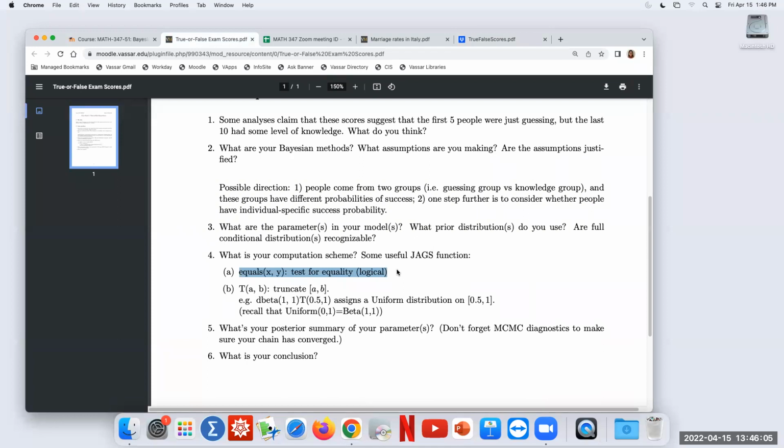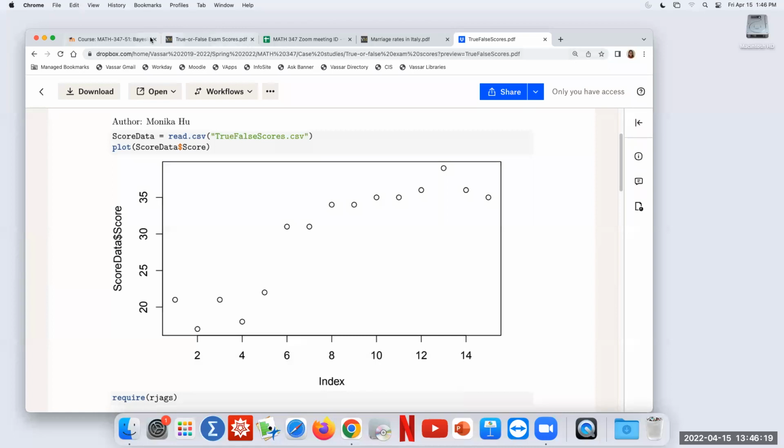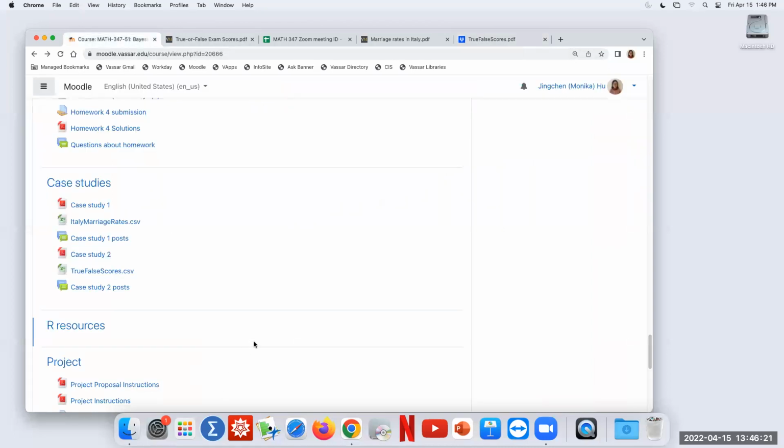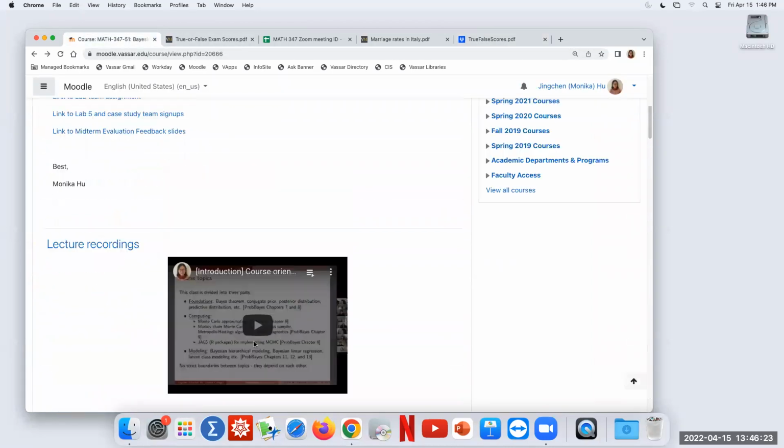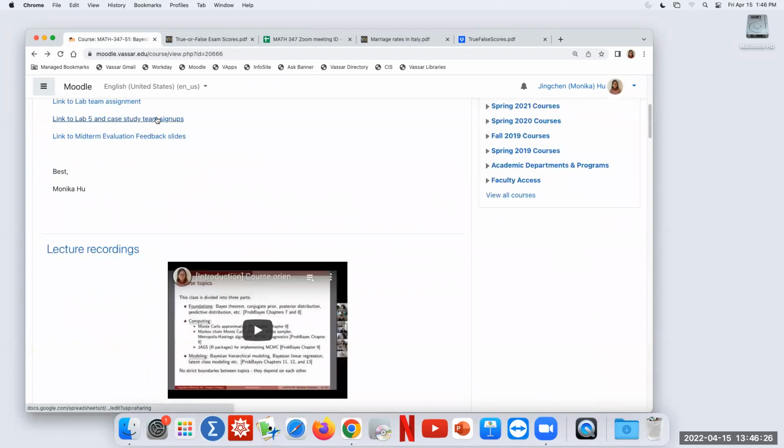And if that is the case, then this equals JAX function might be useful when you're trying to indicate whether an observation comes from the first group or the second group. Okay, so both are open-ended.